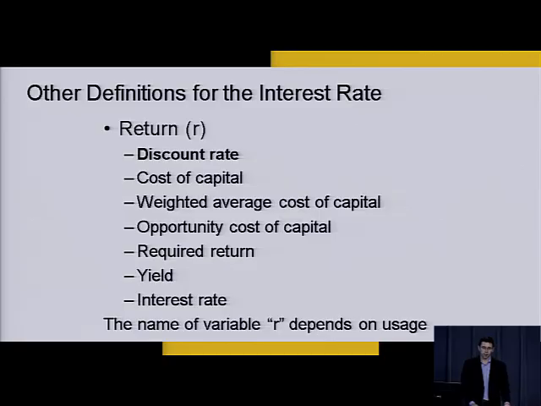The field of finance, I will say, unfortunately we haven't nailed down our variable letters. I mean, time can be denoted t or n. Return or interest rate can sometimes be denoted as i or r, but like I said, I'm going to be denoting return or interest rate as r, and I'm going to try and do that consistently. But I thought I'd front run this and make sure that you were aware of it. All right, so that's that.